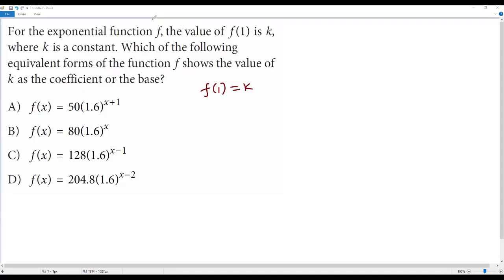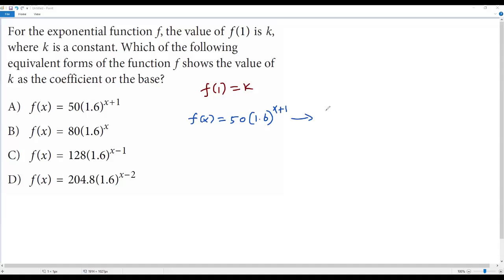Actually, it's a back solving problem. That is, we have to check the given options one by one. So let me take the function. We have option A, that is f of x equals 50 times 1.6 to the power x plus 1. In this option, I have to plug in 1 for x.